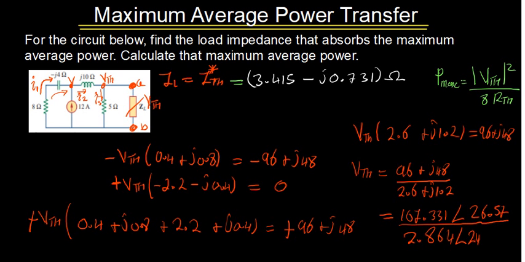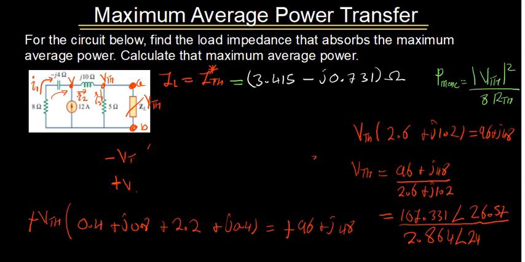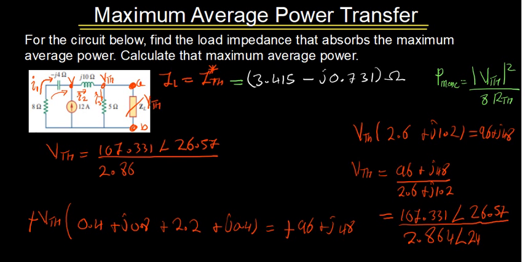Okay, let me move this to the other side. So we have V Thevenin equal to 107.331 with the angle of 26.57, divided by 2.864 with the angle of 24.778 there.